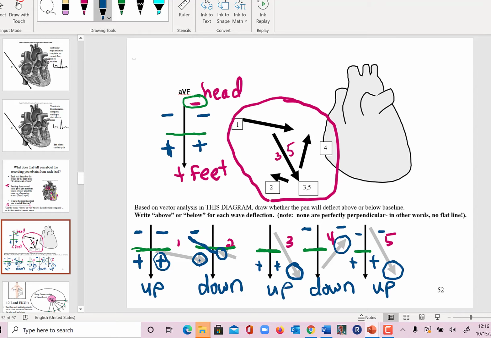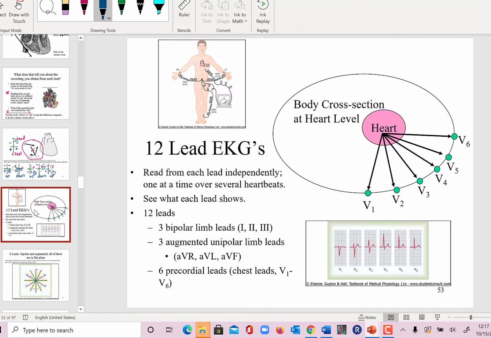If you just give me a moment, I will go through the direction for all 6 leads that you are responsible for in your analysis in your EKG exam. There is typically in a clinical setting a 12-lead EKG. You are responsible for 6 when you analyze information on your EKG exam.